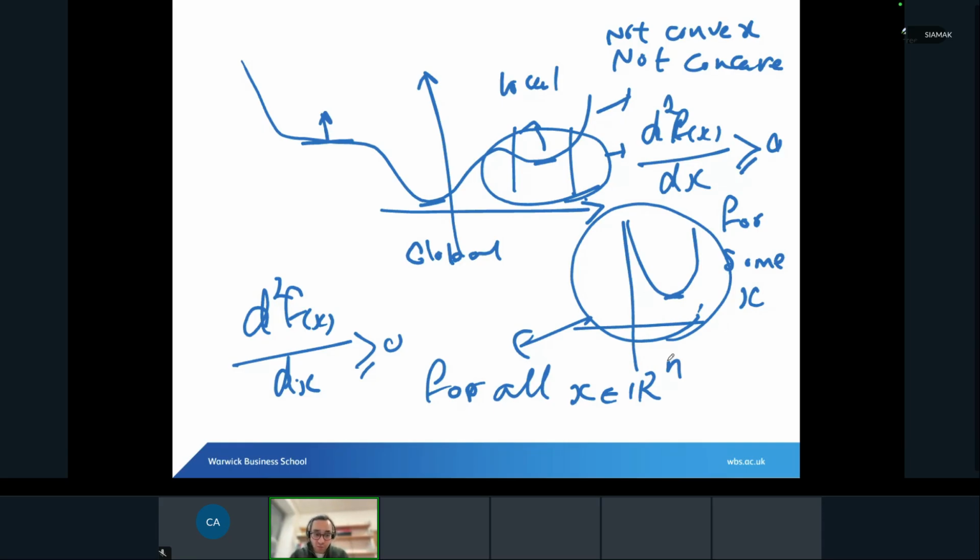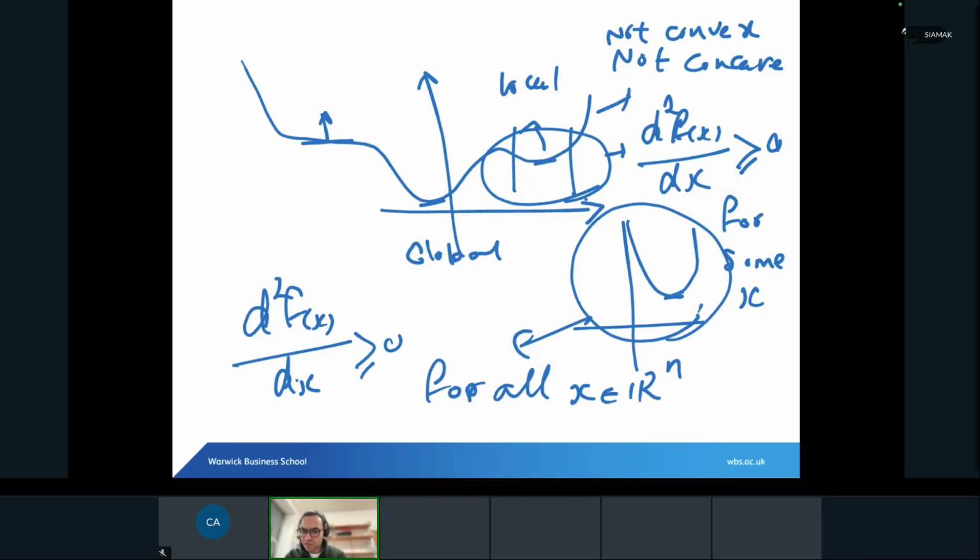Otherwise, if you consider only some points in which the second derivative is non-negative, the function is convex for that specific range of the decision variable, but the function itself is not. So if the function has a second derivative which is non-negative for all points in the domain of the decision variable, then the function is convex, and then the local minimum is the global minimum at the same time. Okay, you got it, Amanda?